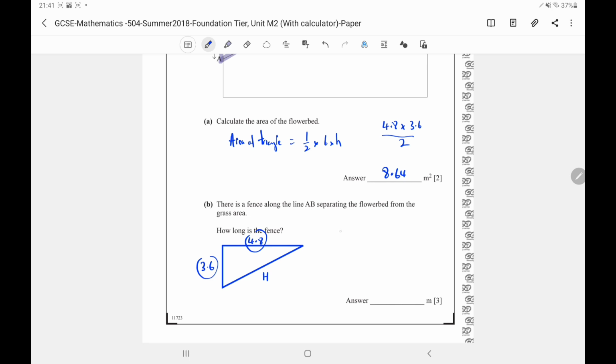So we'll call them A, B, C. When you take A squared plus B squared, you get C squared. So 3.6 squared plus 4.8 squared is equal to C squared. So C squared, when you put that in the calculator, is 36. And then to get from here to here, you do the square root of 36 to get 6.